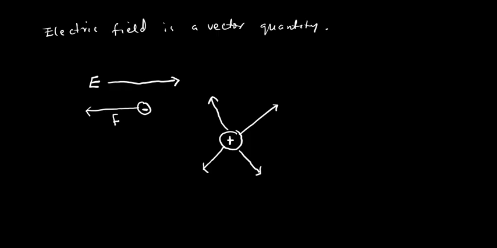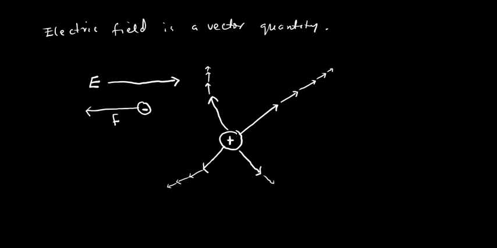One good thing about this electric field is that it is continuous. It keeps on going, but as it goes out, the strength decreases. The strength reduces as it keeps on going.